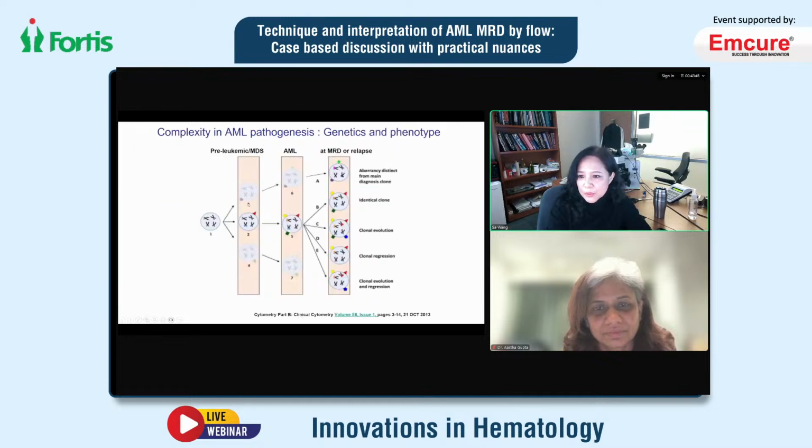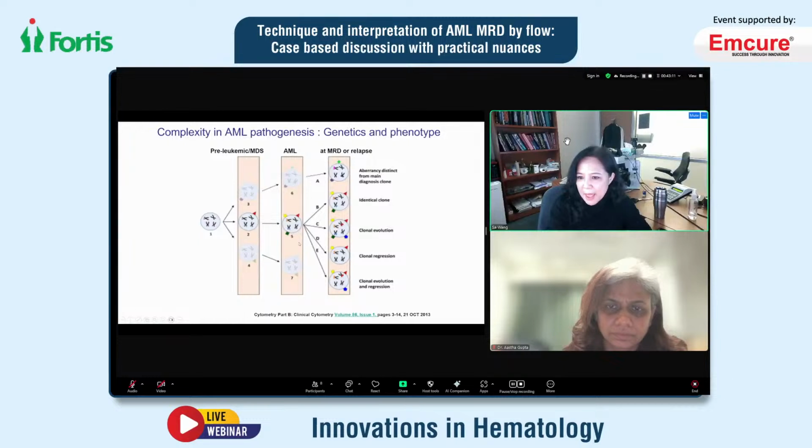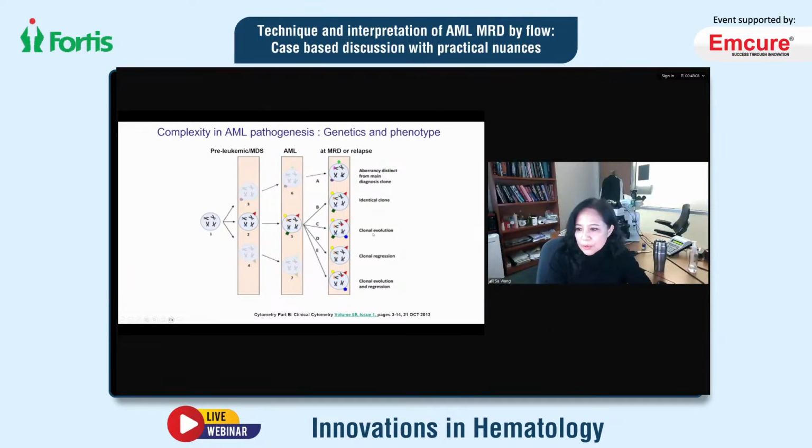I can show you with this very simple cartoon why this is important. A normal precursor cell, the immunophenotype at the time of AML detection. At the MRD or relapse, you can have an identical clone. You also can have clonal evolution. You get more abnormality. There's no problem detecting this, usually.